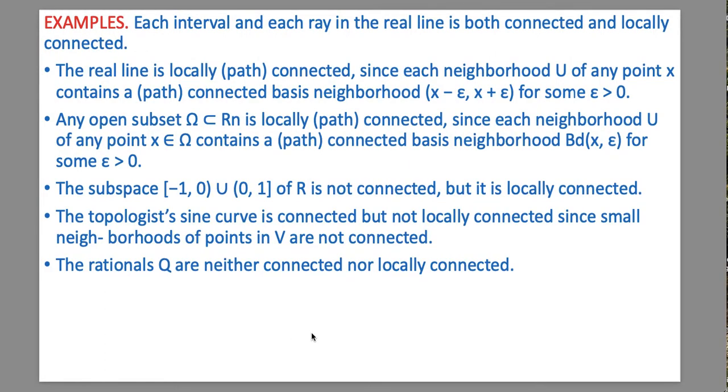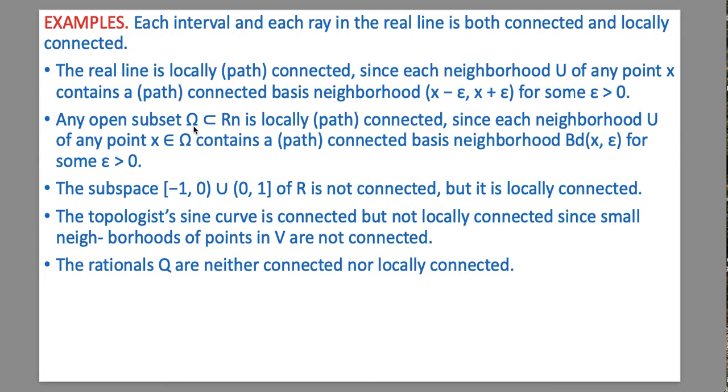We have some examples. Each interval and each ray in the real line is both connected and locally connected. The real line is locally path connected since each neighborhood U of any point x contains a path connected basis neighborhood (x minus epsilon, x plus epsilon) for some epsilon greater than 0.